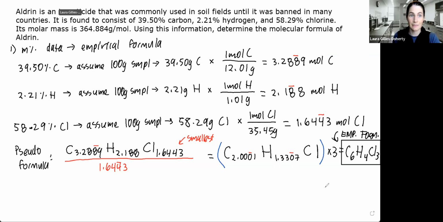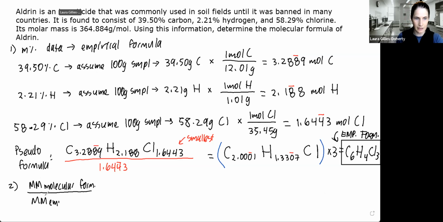So now that I have my empirical formula, I can calculate the molar mass of this empirical formula. And what we're going to do to solve the last part of the problem is we're going to take the molar mass of the molecular formula divided by the molar mass of the empirical formula to give us our N value.